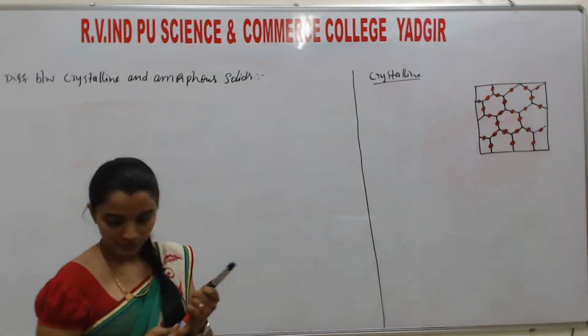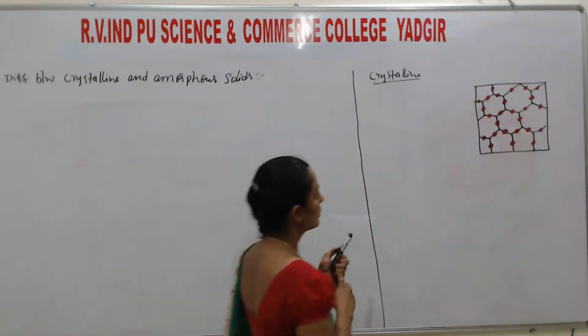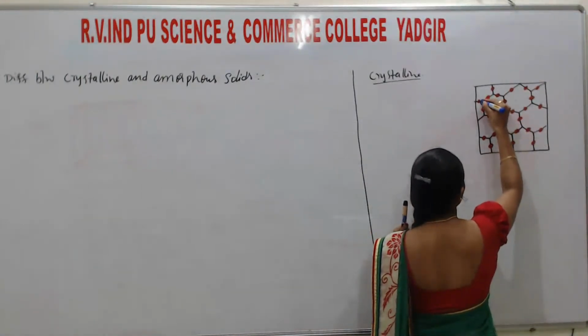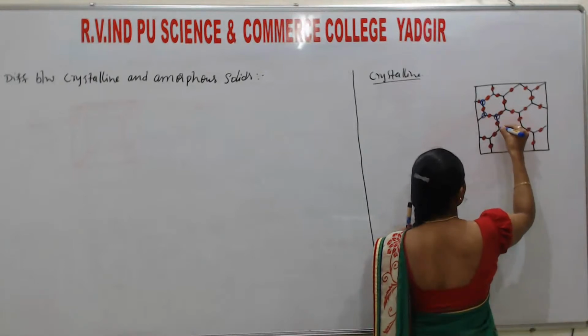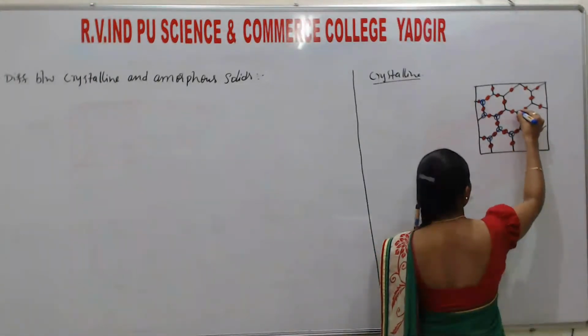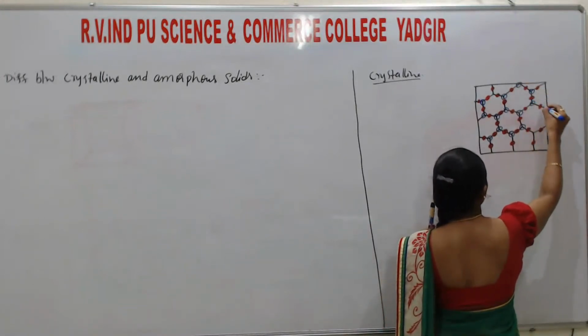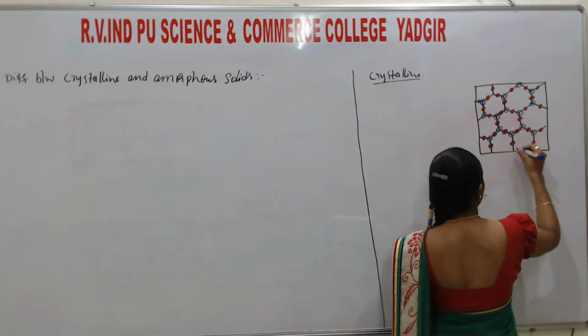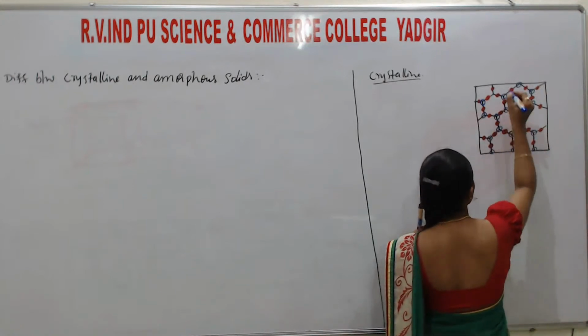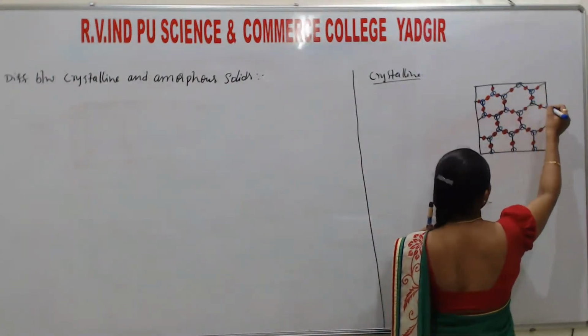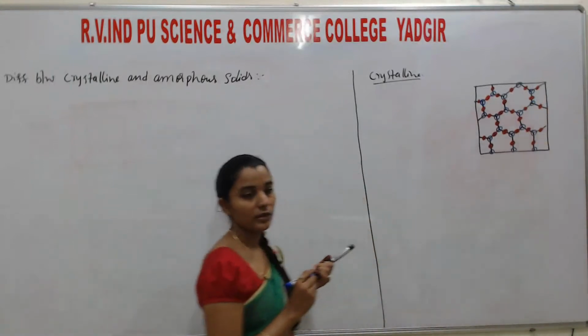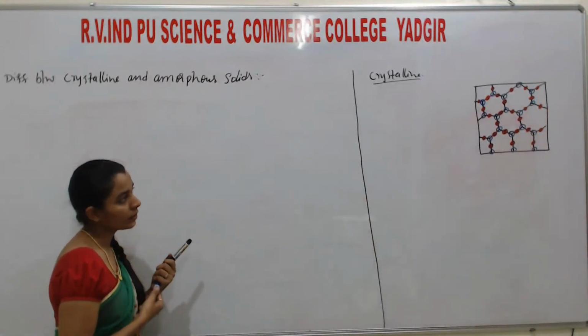This is one type of atoms. This is a typical representation of a crystalline solid. Okay.